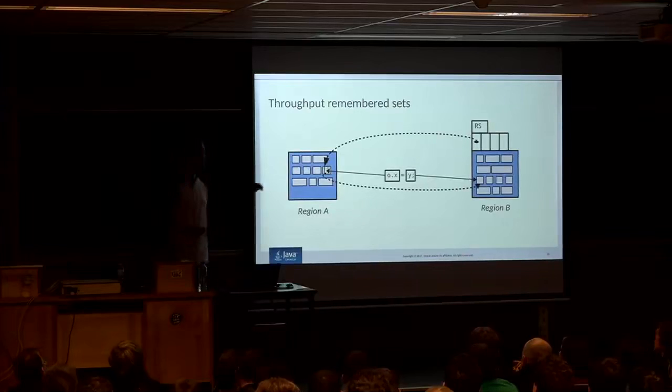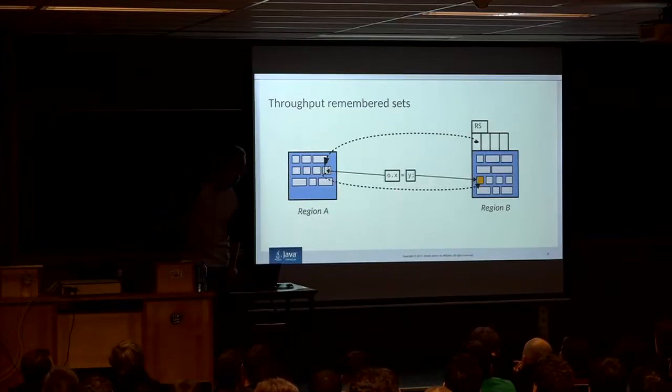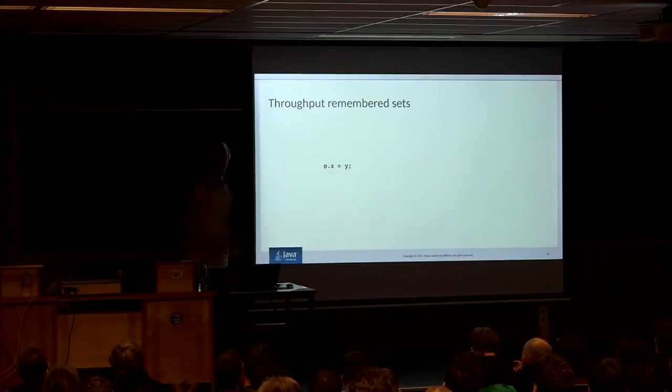So this, again, is solved using the remember set, which will keep a pointer to the incoming object. And then we can safely move that object if we want to. But the magic, of course, is how does that work?